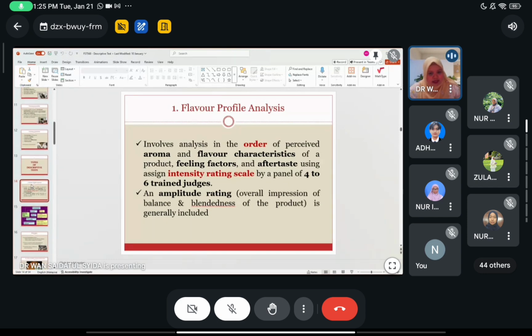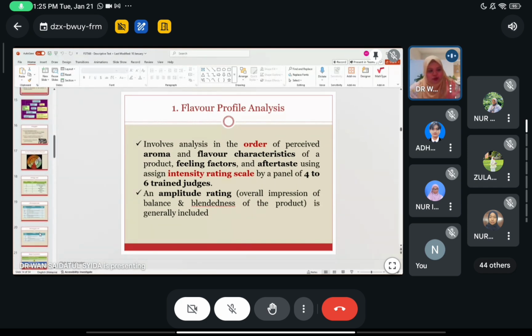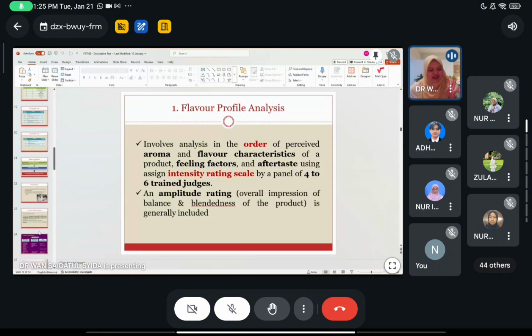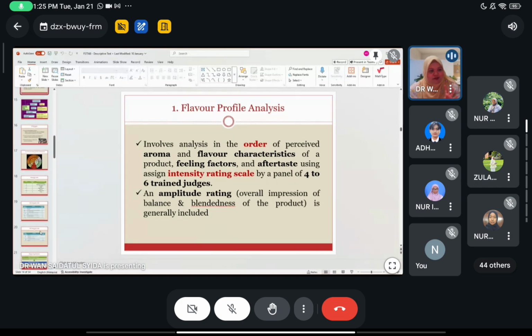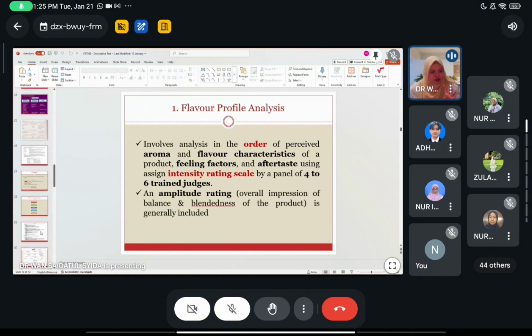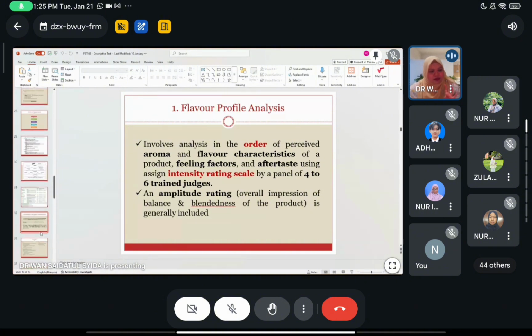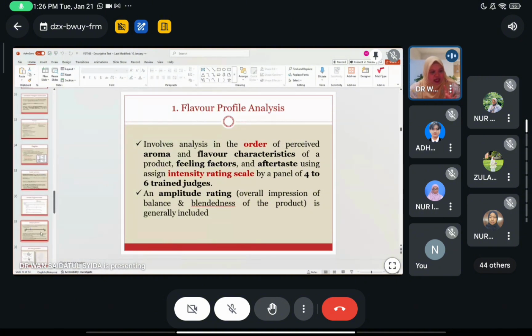Okay, for the methods, we have flavor profile, which I already covered last week in detail. So you rewrite back your notes. Okay, you have three. So do we have four? For the 52 students that joined today, I only tell you all. Those who did not join, don't let them know.